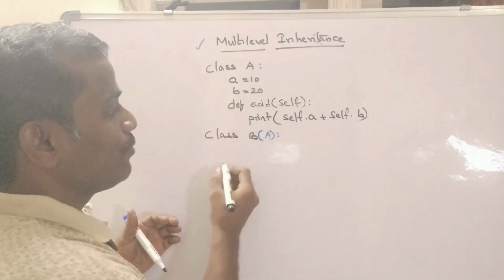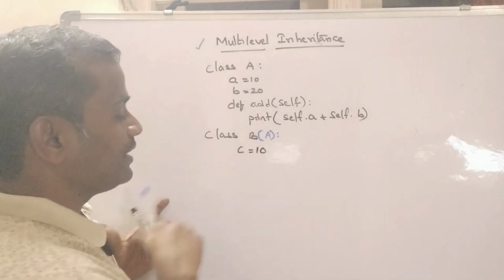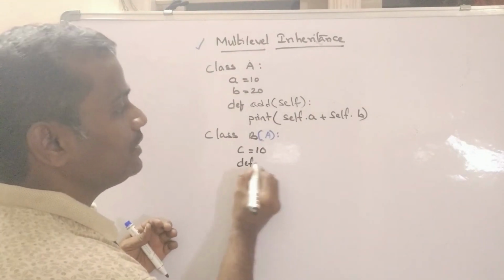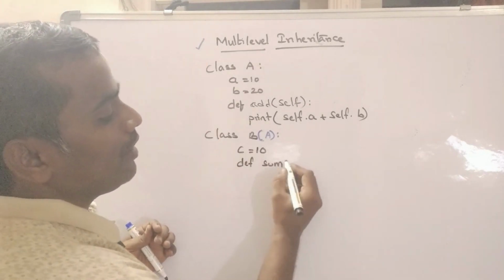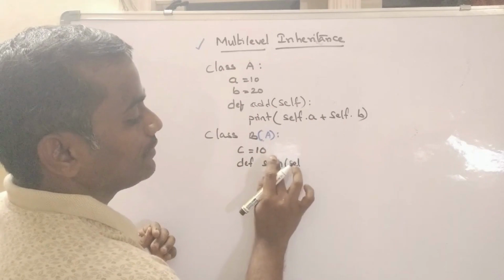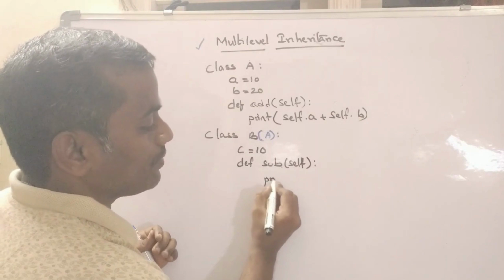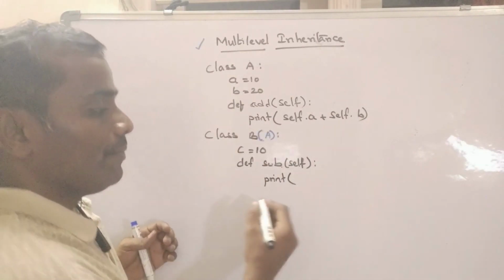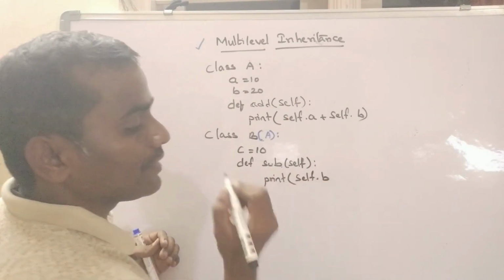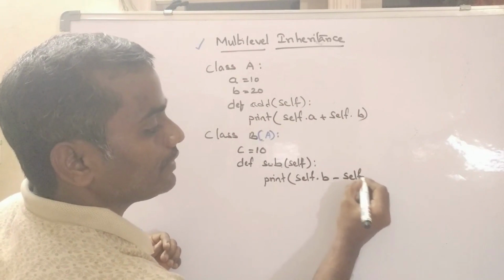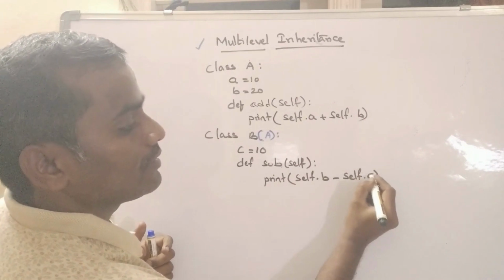Here I can declare some more variables, suppose c with the value 10. I define a function, suppose subtraction, taking self. Here I want to perform the subtraction operation, so I print self.b minus self.c.